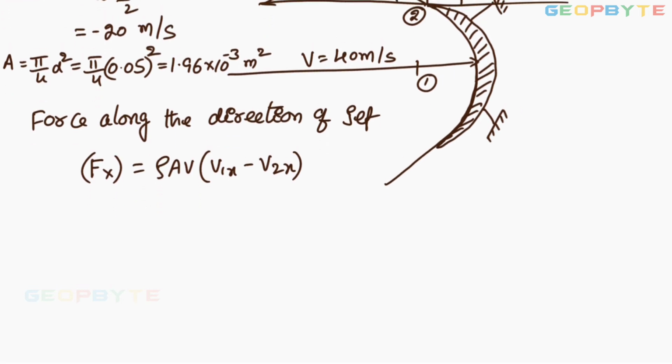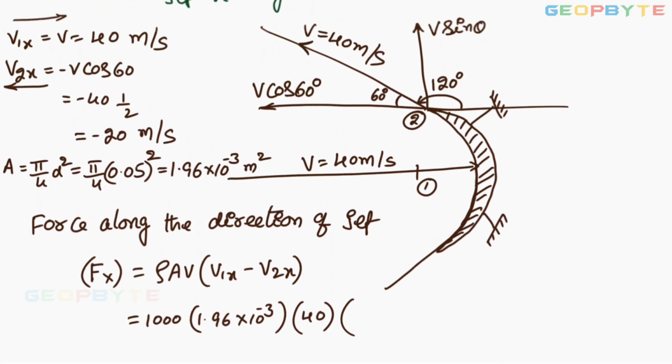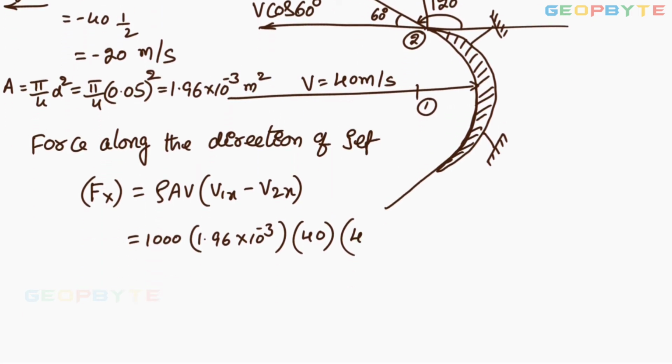Let us put that value. Density of the water is 1000. Area of the flow 1.96 into 10 power minus 3, into velocity V, which is 40, into V1x, which is V only, that is 40, minus V2x, which is minus 20.